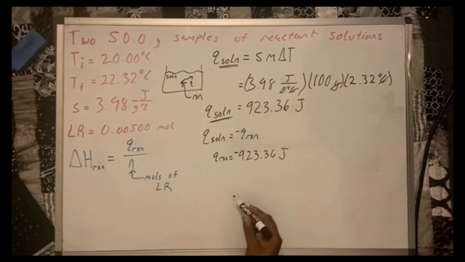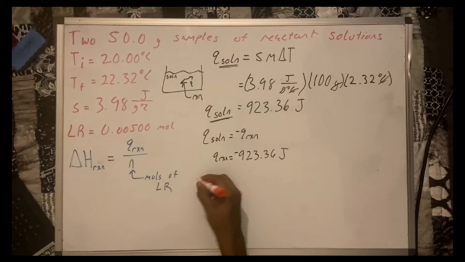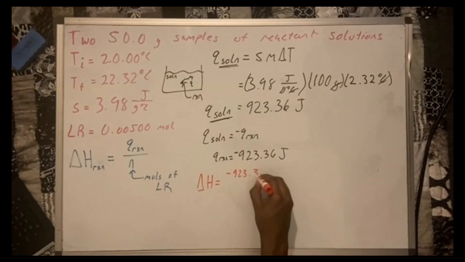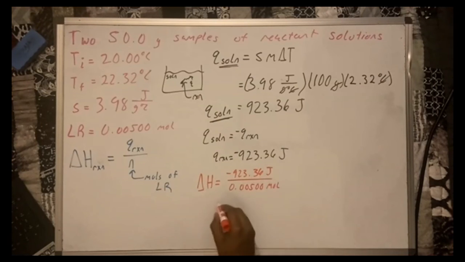Okay, so now that we have that, we can get our enthalpy. So we go back and plug it into this: delta H equals my Q of the reaction, which is negative 923.36 joules, over my 0.00500 moles.